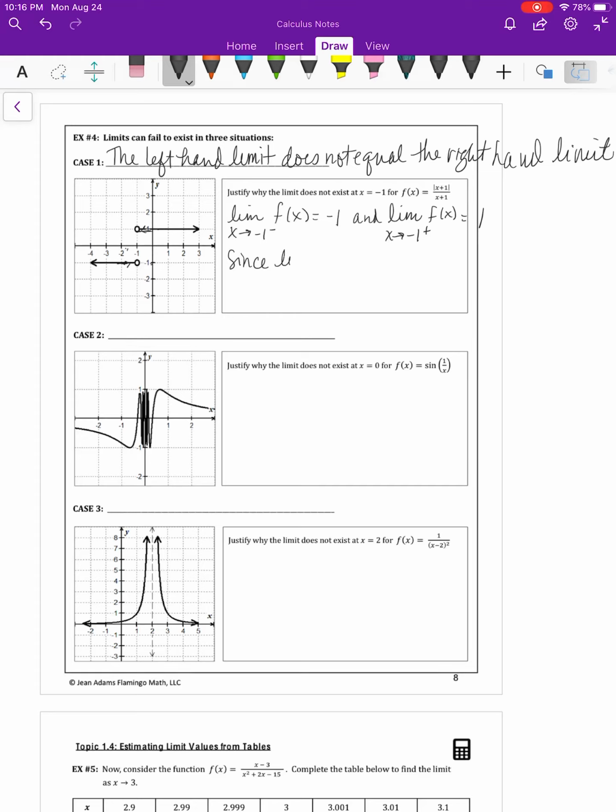And we're going to say since the limit as x approaches -1 from the left of f of x does not equal the limit as x approaches -1 from the right of f of x, the limit as x approaches -1, this general limit, does not exist.